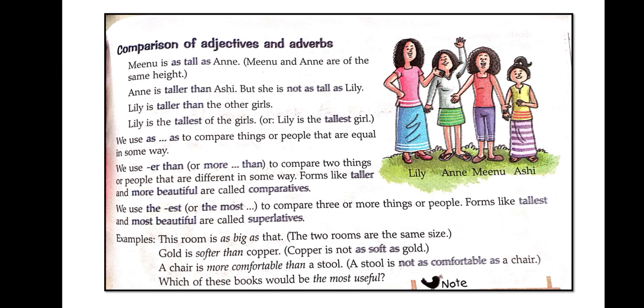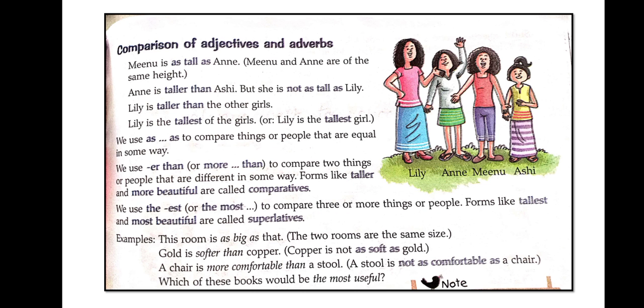Whenever there is something equal between persons, we can use as. We use er, then or more than to compare two things. When we are comparing two things or two people, we use er. For example, here we have used tall, so when comparing two persons, we can use er: taller.